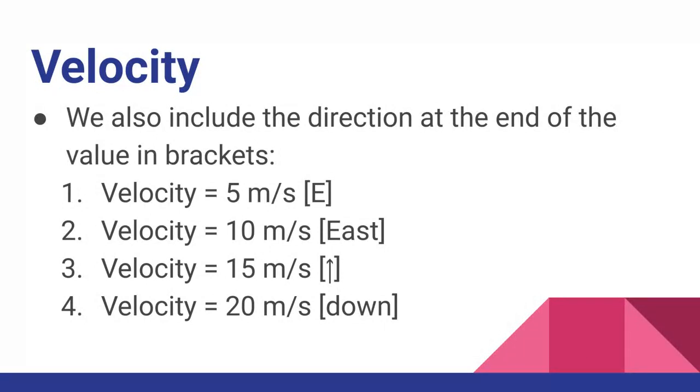Because we care so much about direction, we have to put the direction in brackets at the end after the units. So it would be like all of these examples here. Say, velocity, well, it's 5 meters per second to the east, or it's 10 meters per second to the east written this way, or it's 15 meters per second upwards. It's 20 meters per second down. So these are all the ways that we can write this.